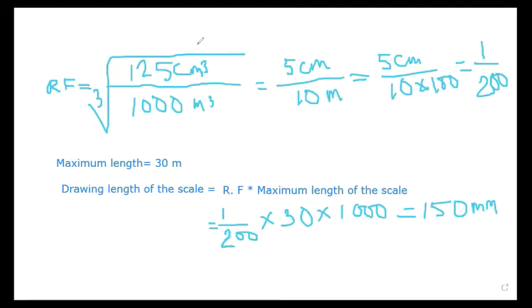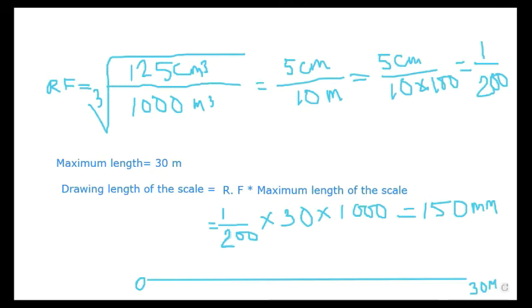So this 150 millimeter represents 0 to 30 meter. This length will be 150 millimeter, this will be the 0 and this will be the 30 meter. So this is the 0 to 30 meter scale.